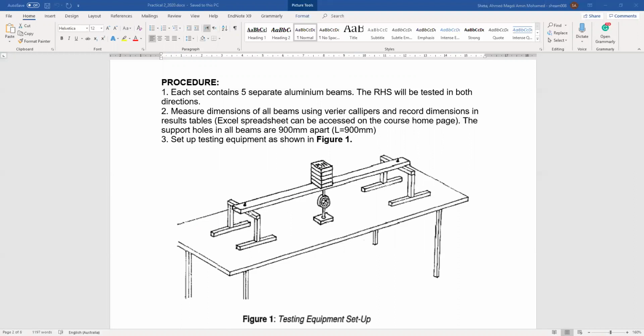As you can see, the beam in the setup is the RHS, rectangular hollow section, and you will repeat this with the circular hollow section and with the channel and see the difference between them.